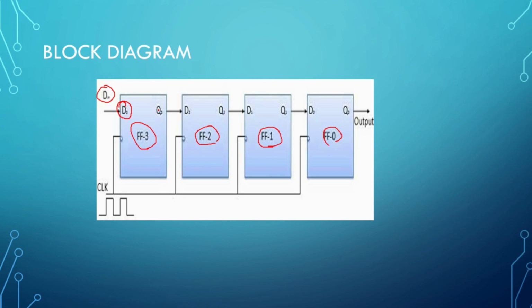Afterwards, Q3, the output of flip-flop 3, is going to act as an input of D2, that is flip-flop 2.